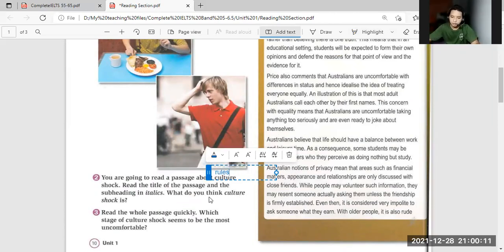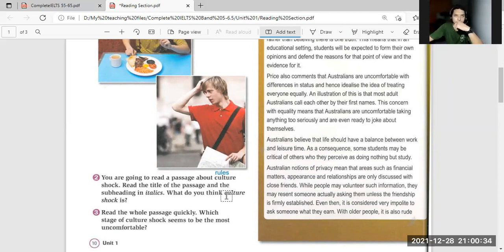For example, in your family, the culture is that you cannot eat with your left hand. So you are not allowed to eat with your left hand. That is one of the cultures.